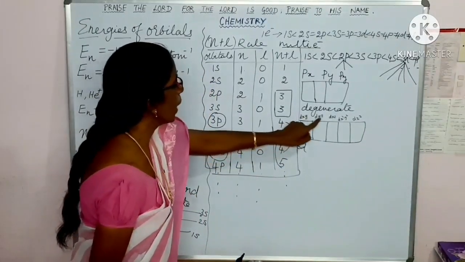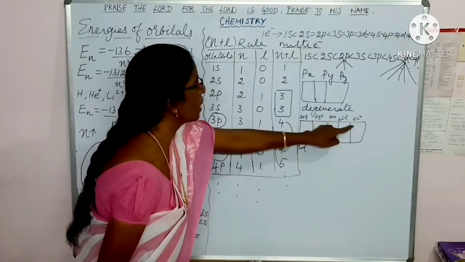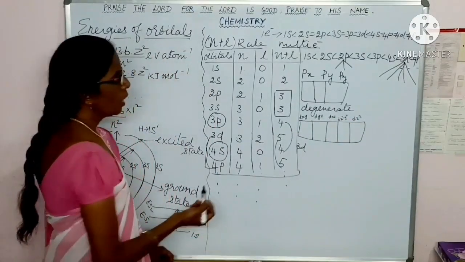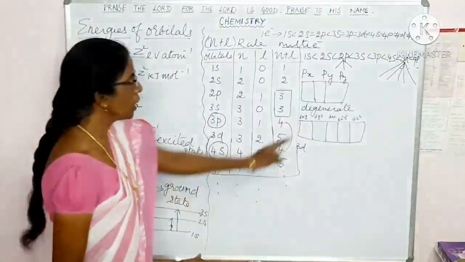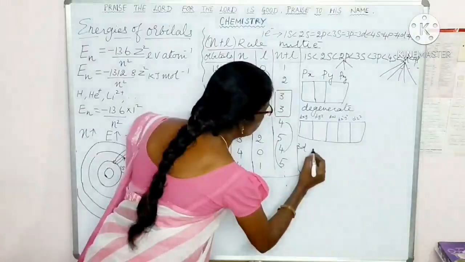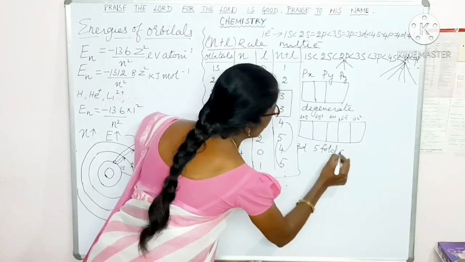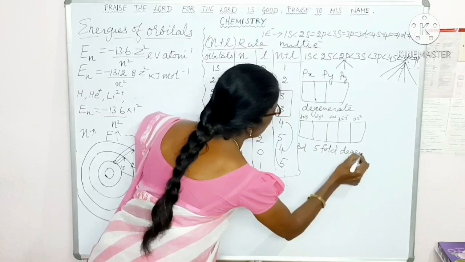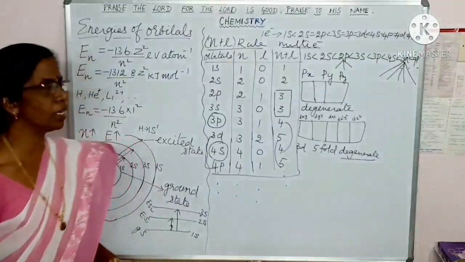They are dxy, dyz, dxz, dx squared minus y squared, and dz squared. Now all these 5 orbitals have the same energy. So they are called 5-fold degenerate orbitals. So degenerate means having the same energy.